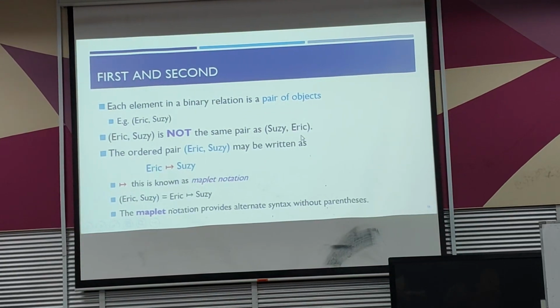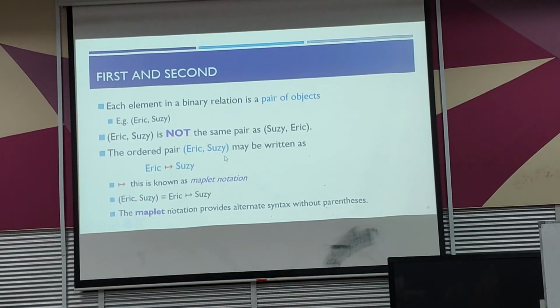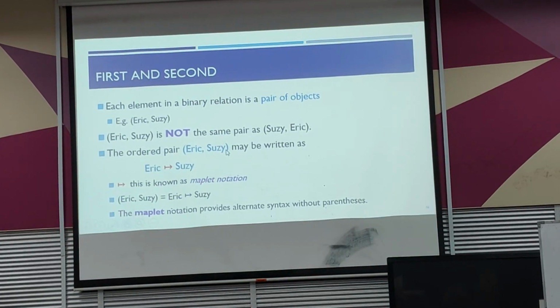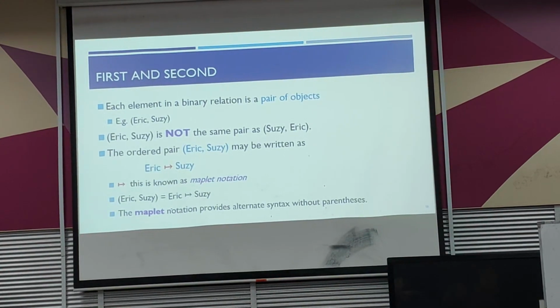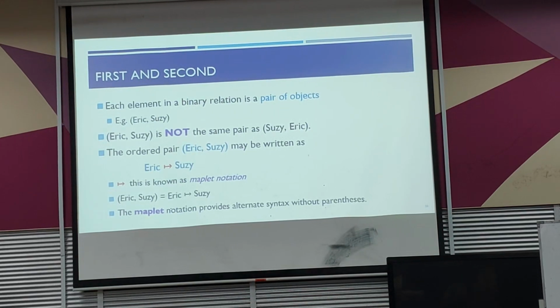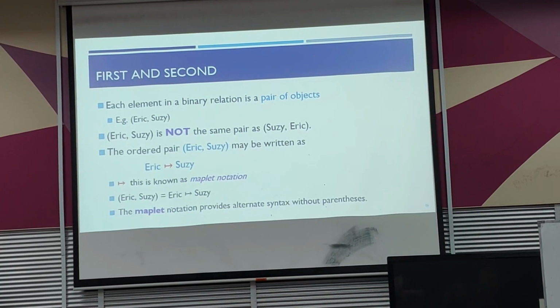Similar to coordinates. If you remember when you went through sets, if you have a pair, you have to write it like this, and then this will be the first, this will be the second. We call that first coordinate, second coordinate. But to make it different from normal coordinates, where you put a comma, we are not going to use a comma anymore.